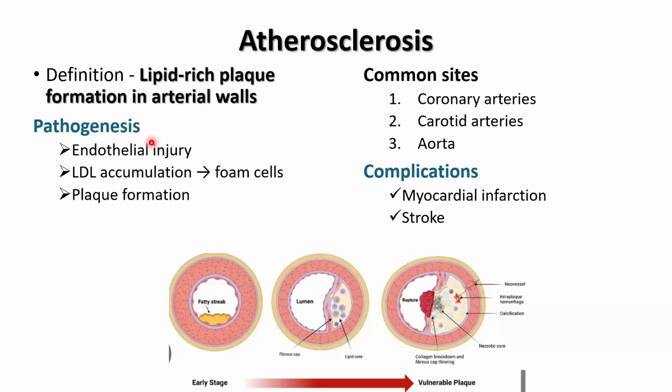Then for the pathogenesis, it's not majorly about it, but you'll be expected to know about the endothelial injury, LDL accumulation, and plaque formation. The commonest sites of atherosclerosis are the coronary arteries, carotid arteries, and the aorta.